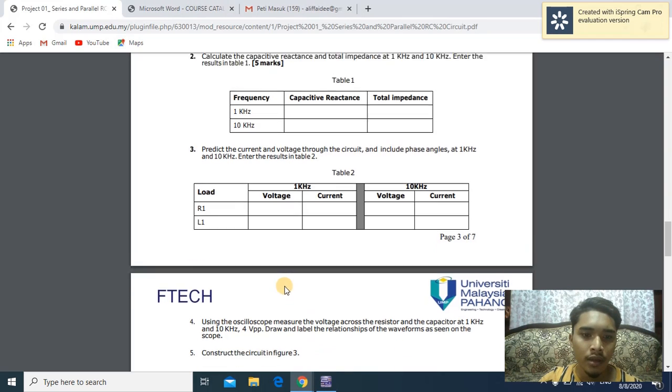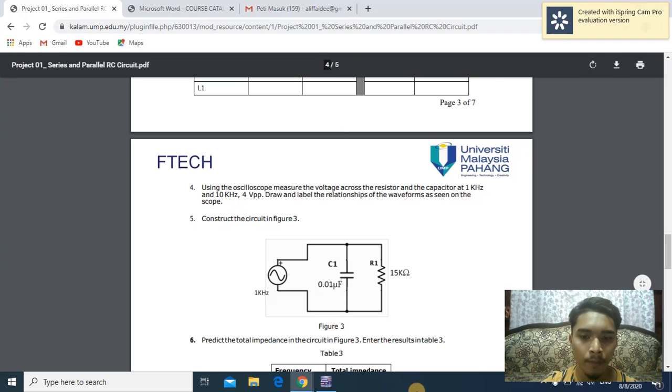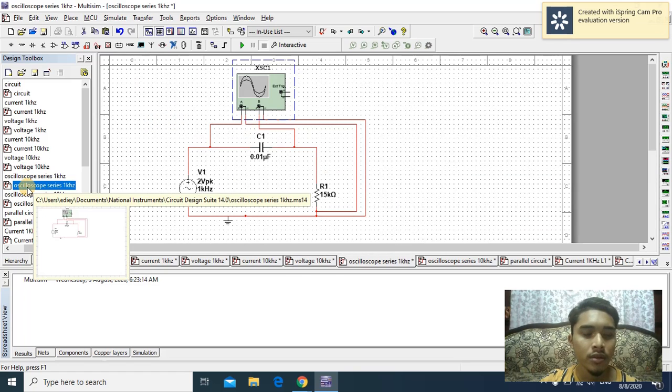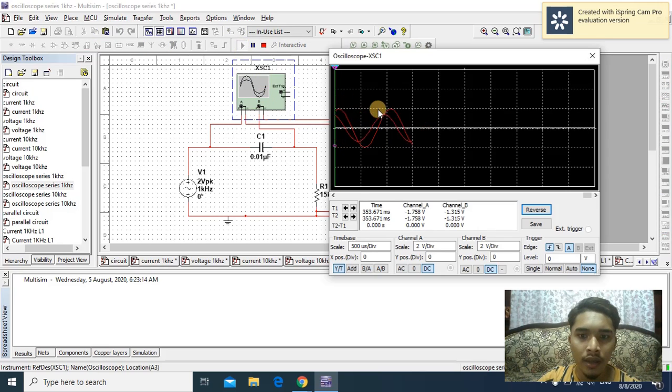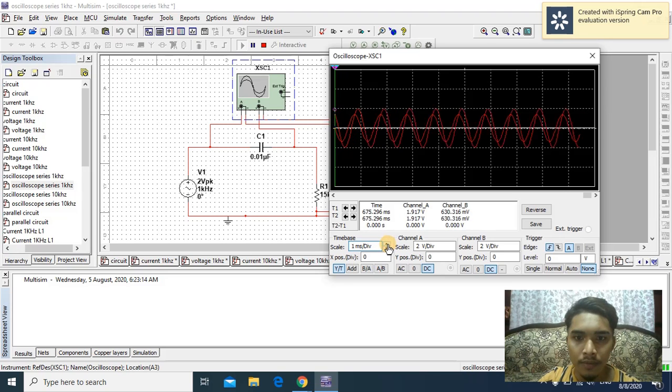Next, by using the oscilloscope, measure the voltage across the resistor and the capacitor at 1 kHz and 10 kHz for VPP, and draw and label the relationship of the waveform as seen on the scope. For the oscilloscope in the series circuit at 1 kHz, I run it and get the reading, and we can change the scale here.